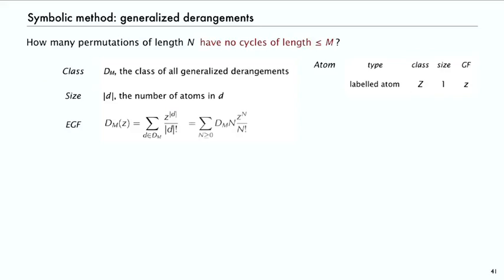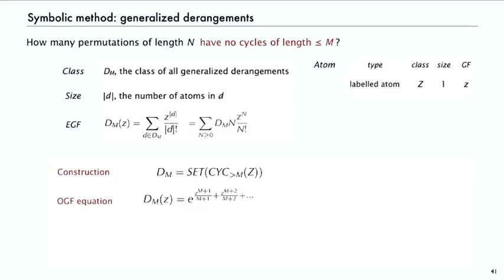D sub n is the class of all generalized derangements: no cycles of length less than or equal to m. Everything else is the same. So the construction is a set of cycles of length bigger than m of atoms. That translates directly to generating functions. You just start at z to the m plus 1.